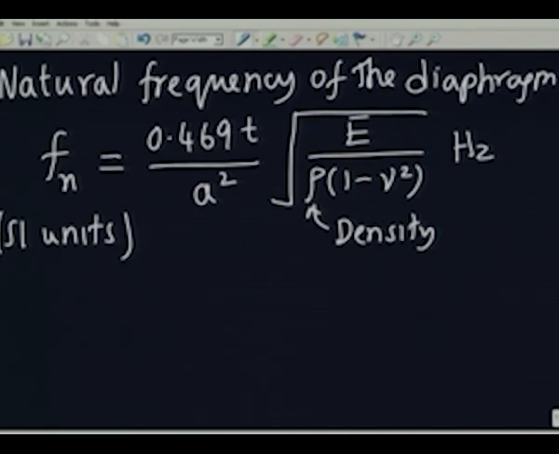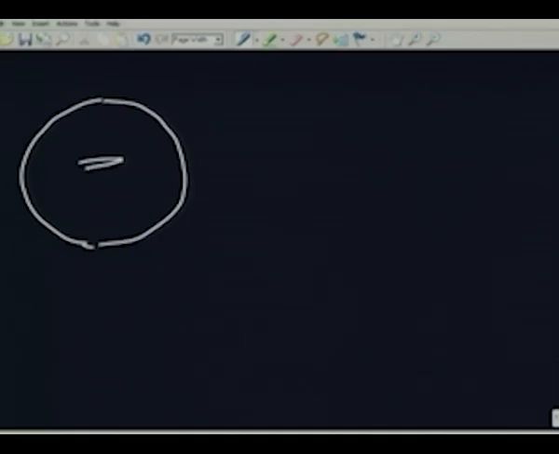Now, let us look at what we are going to do in the case of a gauge. So, if you look at the diaphragm, I will draw the diaphragm like this, and the gauge, if you remember, looks like this.